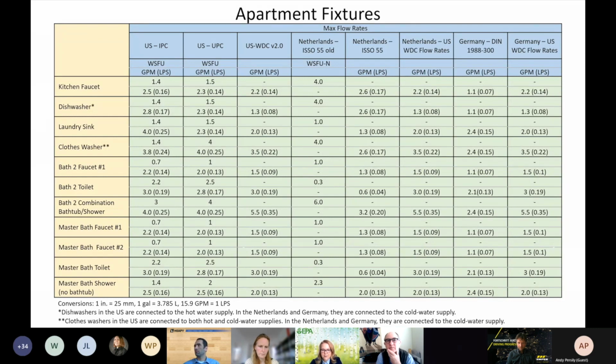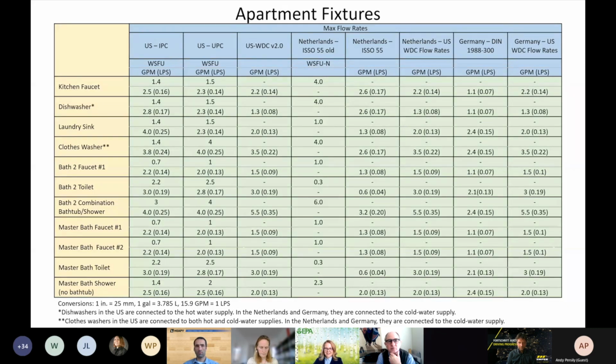And you'll see for a couple of the methods, we don't have a value, for example, with the Germany method, they don't use fixture units, so there's no value there, and vice versa for some of the cases. So just to start, I'm going to ask Dan a question.